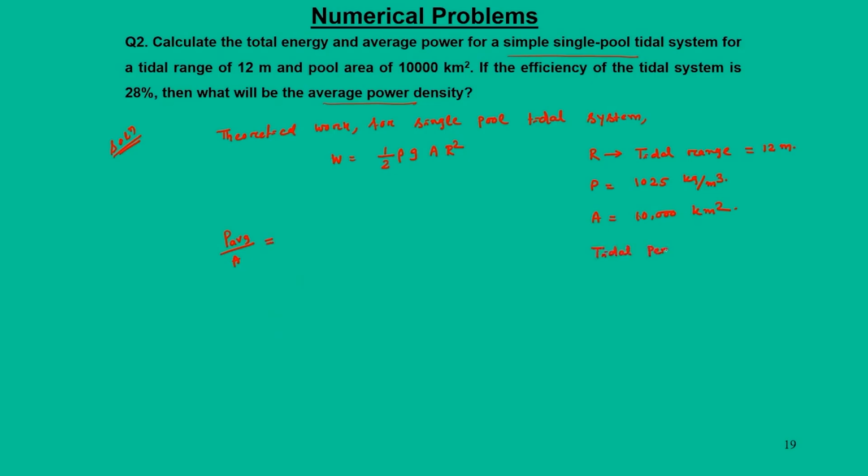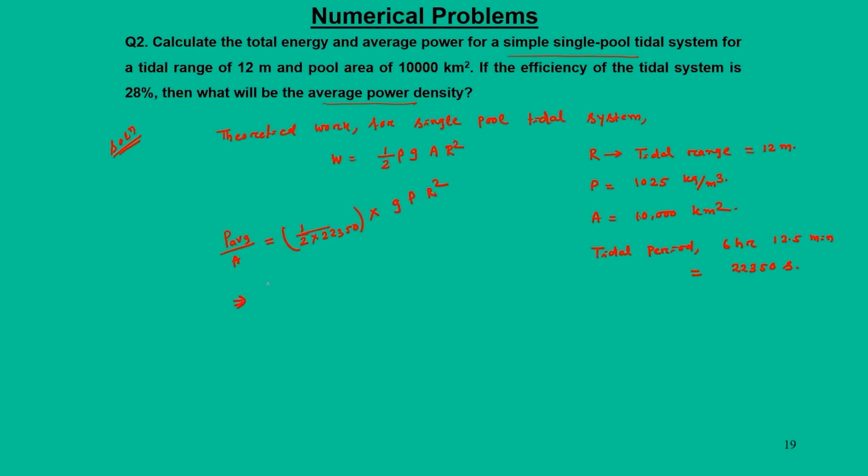It is about 6 hours 12.5 minute, so this is 22350 seconds. Now when you put it, this turns out to be 1 by 2 into 1 by 22350 into G rho R square.